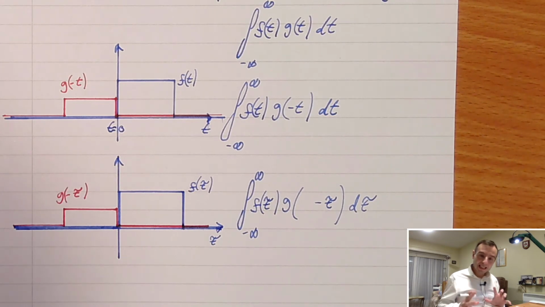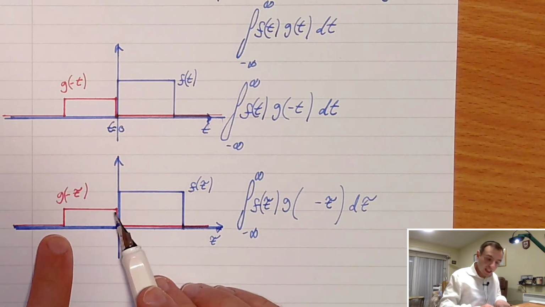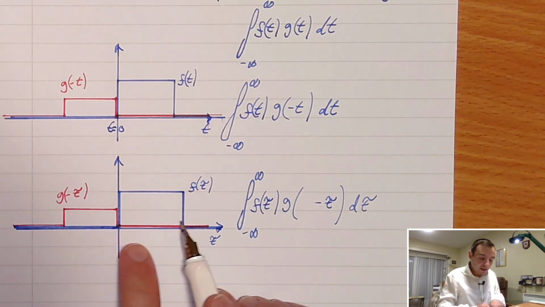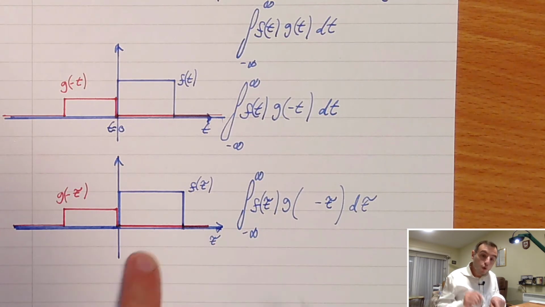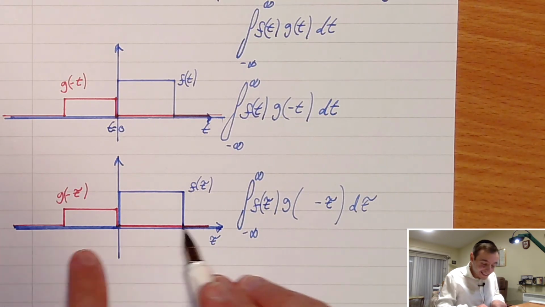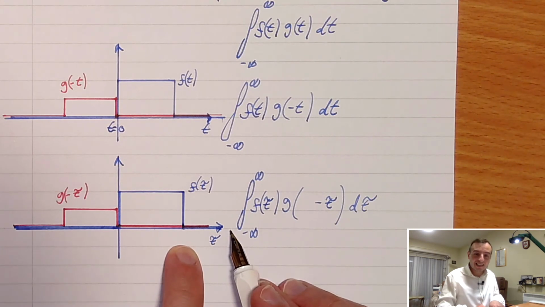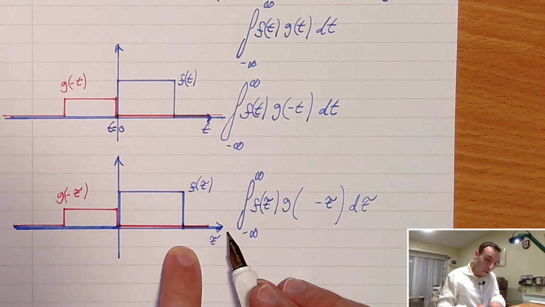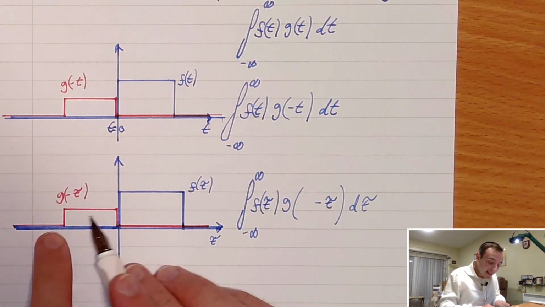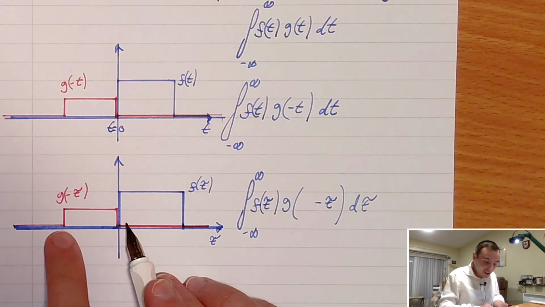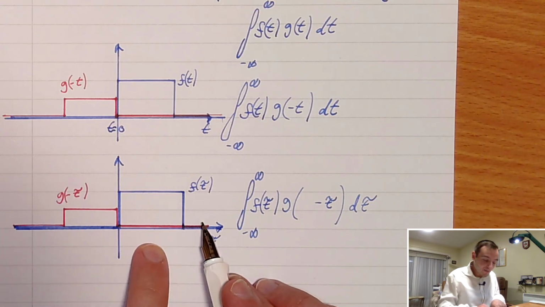But do you remember we said how important it was to find a way of sweeping this g of minus tau across the first function of f of tau for all values of that axis. What is that axis? Is it tau or t? Well, we changed it to tau, but we needed to find a way of sweeping that function, that red line function, across all the values.